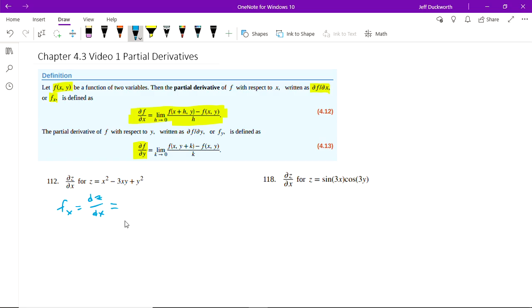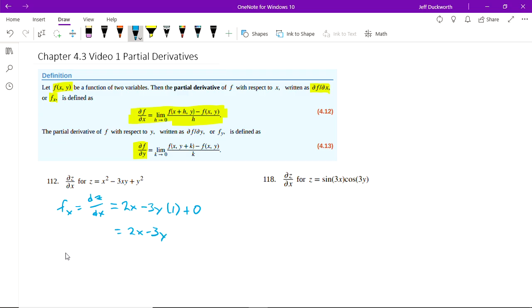The derivative of x squared is just 2x. And the derivative of negative 3xy, again, we're treating the y as a constant, so this is just negative 3y, and then times 1, essentially. That's the derivative of x. And the derivative of y squared is 0, because that's a constant.